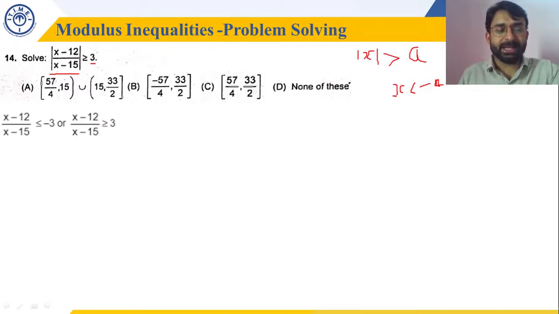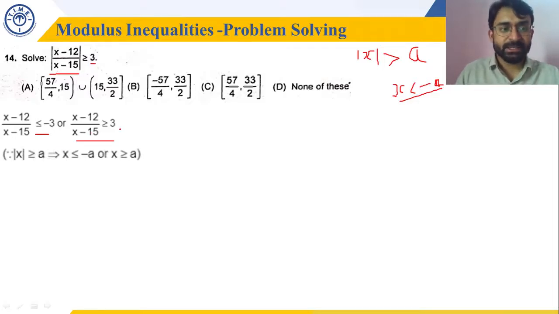So the first scenario is (x minus 12) divided by (x minus 15) is less than or equal to minus 3, or greater than or equal to 3. Smaller than the smallest value and greater than the greater value. That means this expression is either less than minus 3 or greater than 3. There are two cases you have to consider. This is the inequation which we are using.